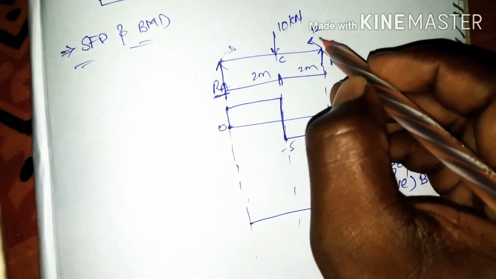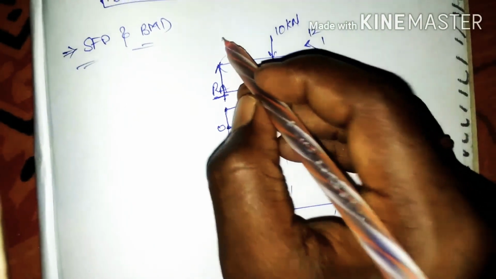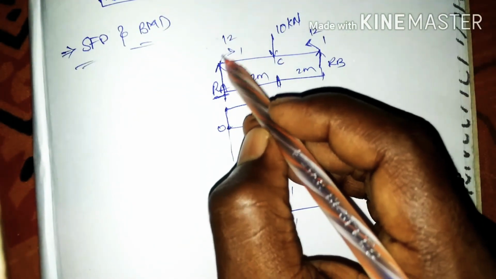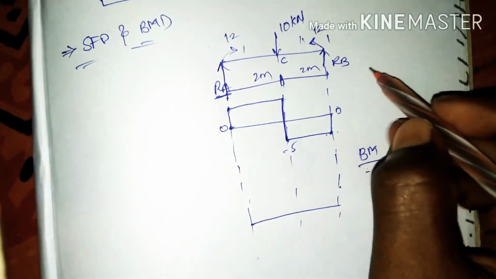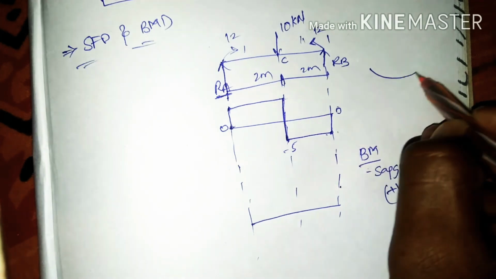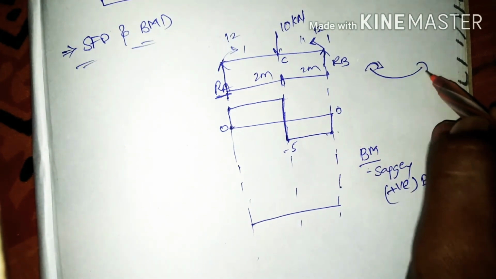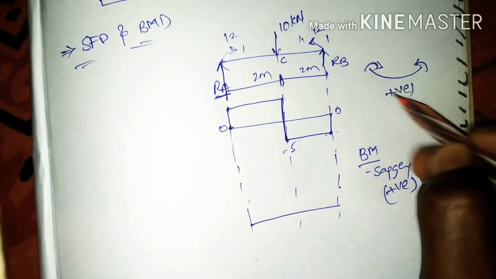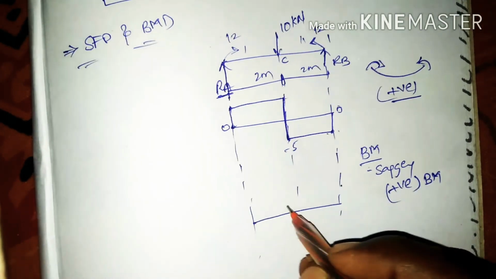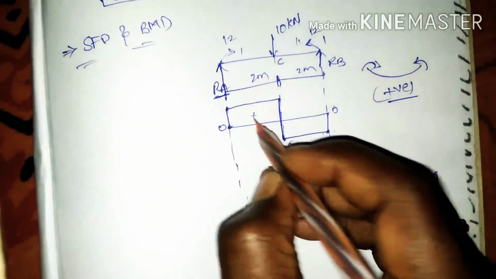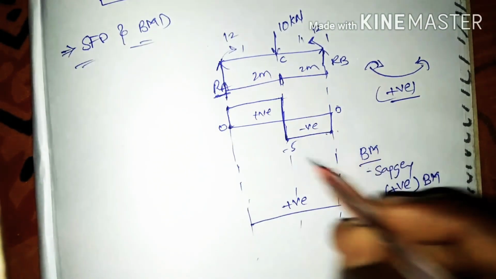Let us think that this is 12 and this is 1. It is going in a clockwise direction and in an anti-clockwise direction, so it is going to be the positive bending moment. Let us call it the sagging bending moment, so it is positive. This is positive and negative.